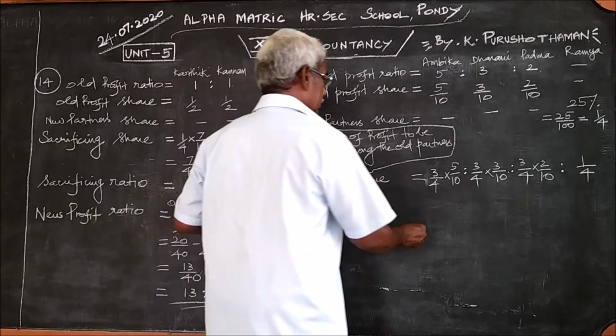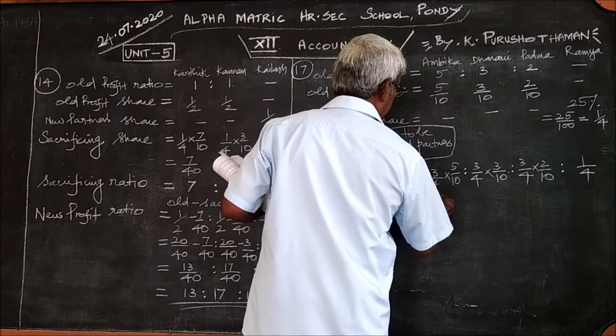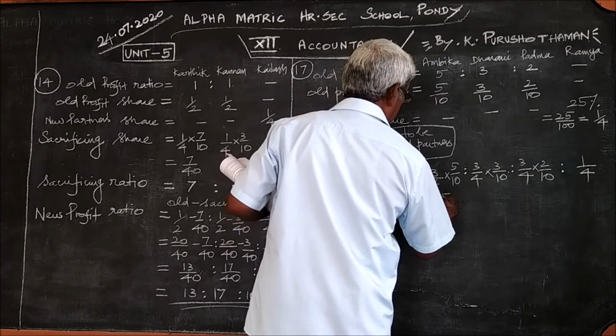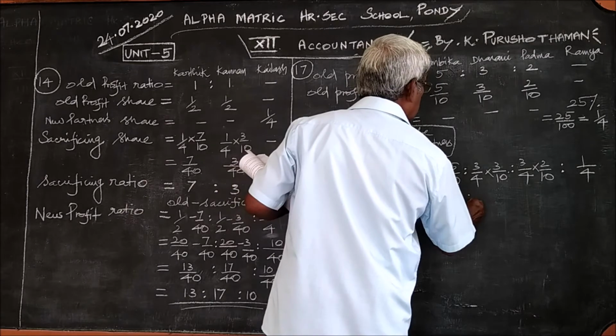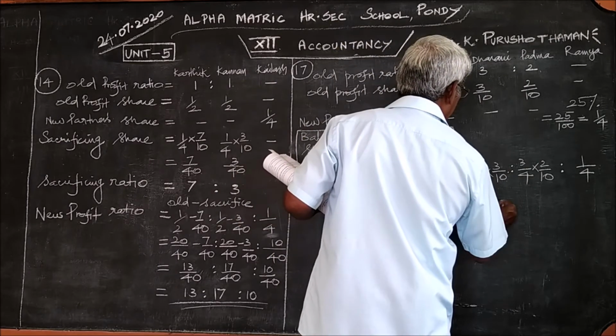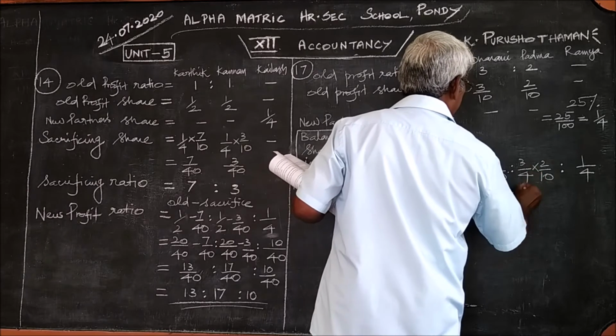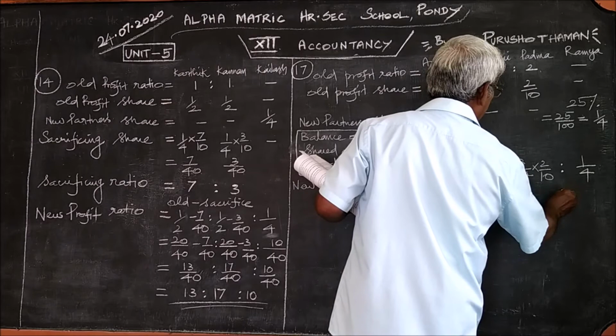This is equal to 3 into 5, 15 by 40. 3 into 3, 9, 9 by 40. 3 into 2, 6, 6 by 40.